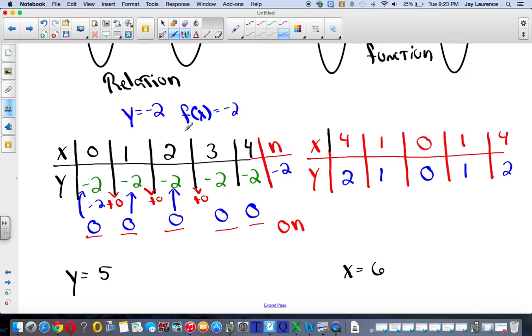Okay? All right. Now let's test this one. I don't know how to write the equation for this. I kind of do, but it's not going to work that way. It's probably a hint that it's not a function, but let's see. Where's 4 going? 4 is going to 2, and 4 is going to 2 again.